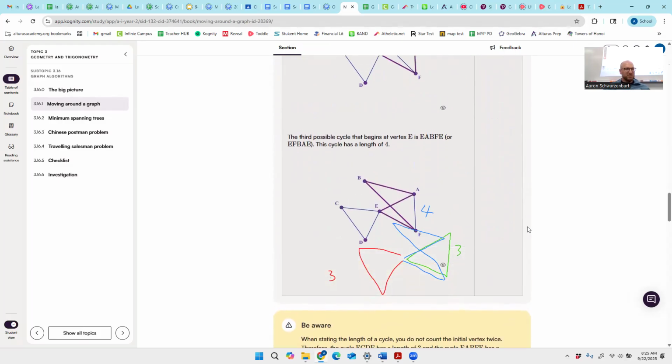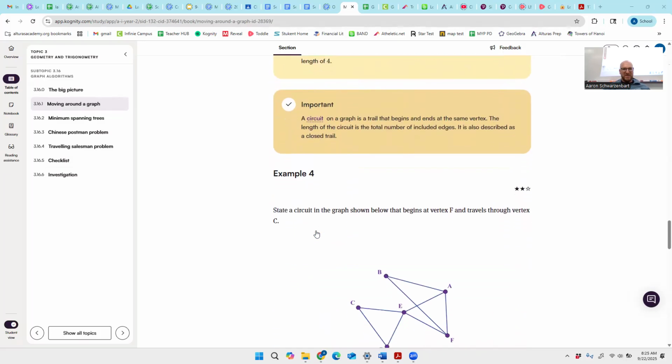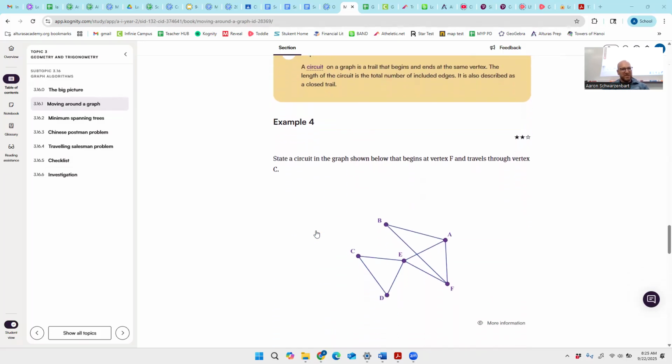Yeah, got them all. So that is a cycle. Not so bad so far, is it? It's going to get harder in 3.16.2 and 3.16.3 and 4, I guess. It's never that bad.